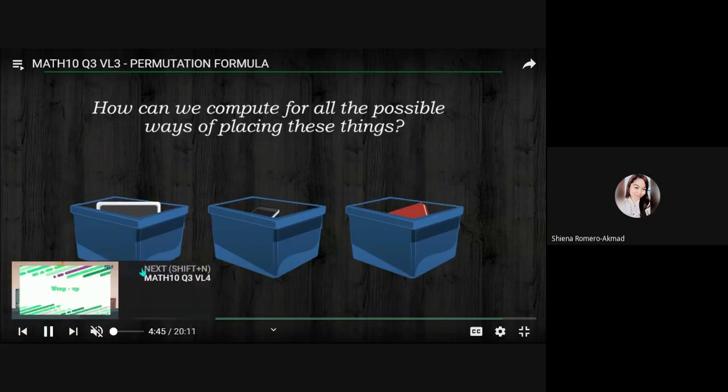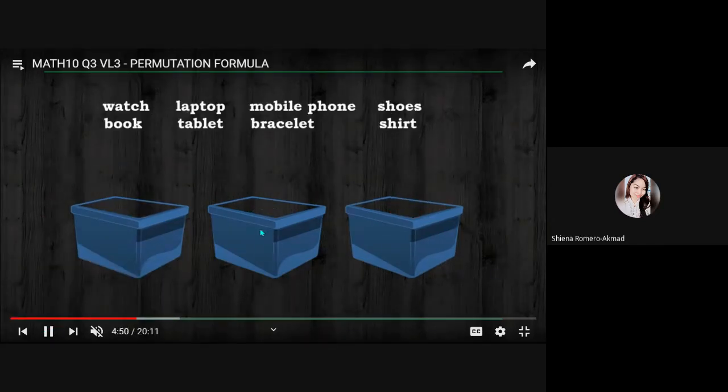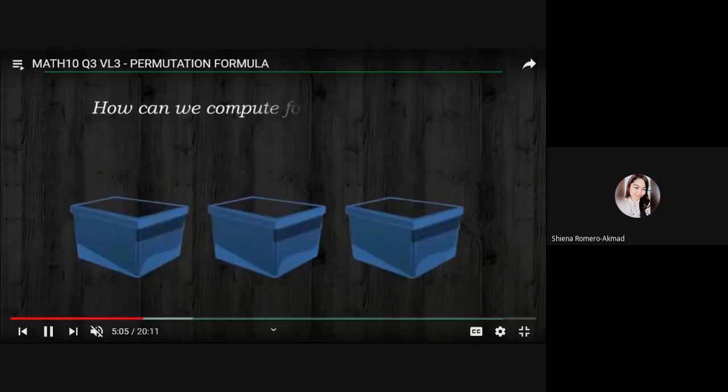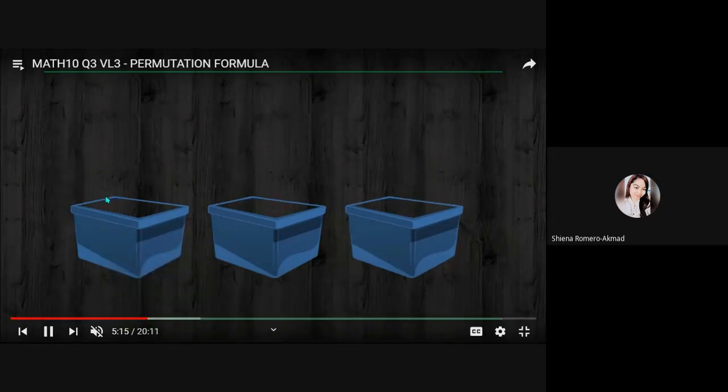So of course, since meron tayong tatlong boxes, ibig sabihin there are 3 positions, 3 places for you to put the items. Sa unang box, ilan ba yung choices natin? Lagi nating babalikan yung choices. Ilan yung pagpipilian natin for the first box? Ilan yung pwede natin pagpilian for the first box?